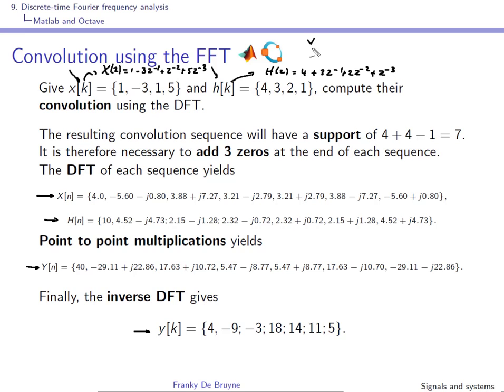And then Y(z) will be the product H(z)X(z), and then you'll do the inverse z transform and you'll obtain y[k], and this should correspond with what you've got over here.